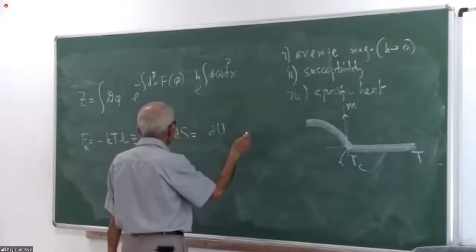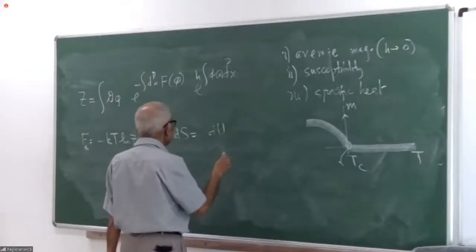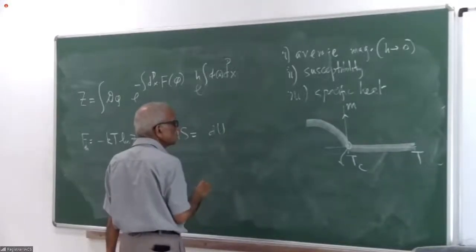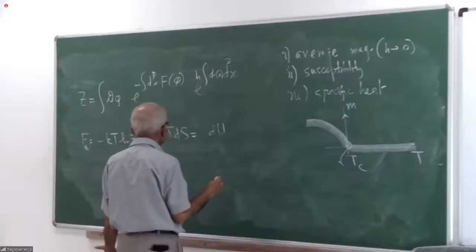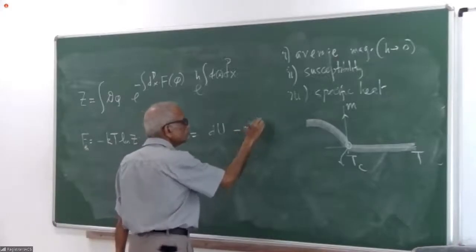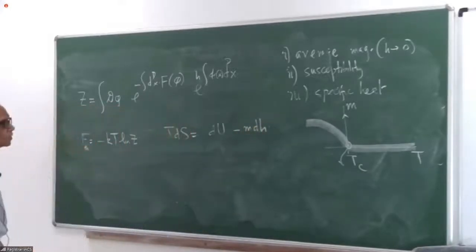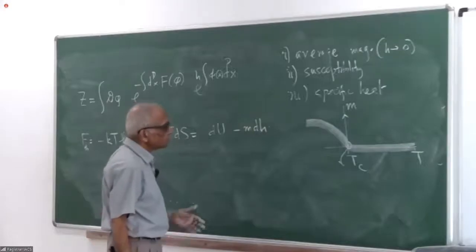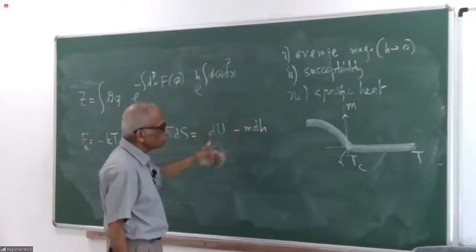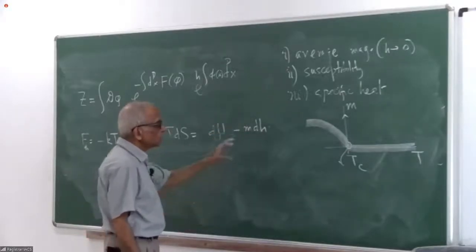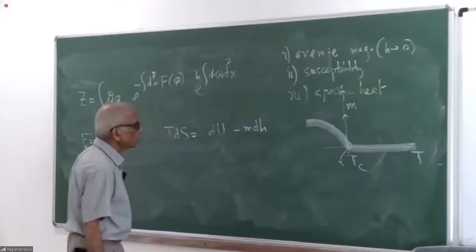The work done, if I change the magnetization, is in terms of the magnetization. So it is minus MdH over here. If my M is fixed and I change the magnetic field a little bit, the magnetic energy is minus MH, and so the work done is minus MdH.